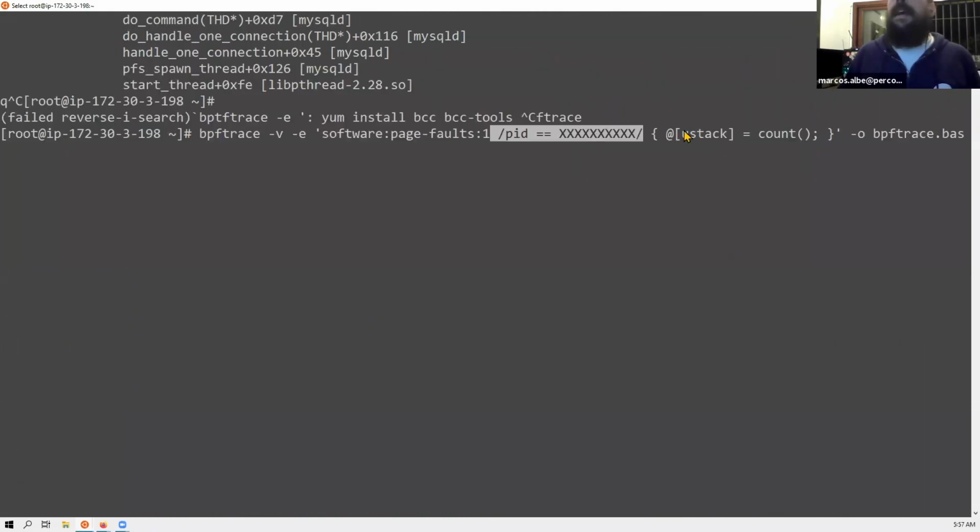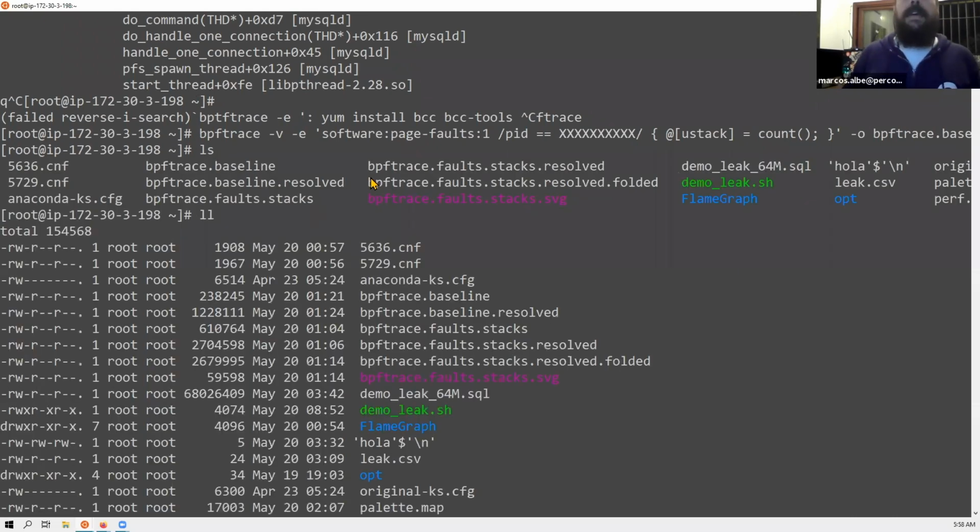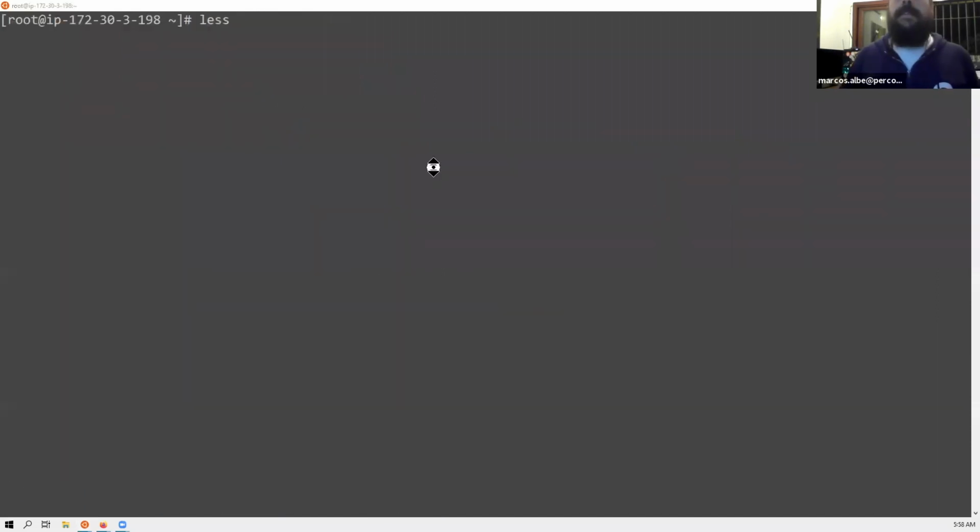And then what operations I want to do when we hit this probe for this filter. In this case, I want to get counts of the user land stack traces. And I want the output to go to this file. And this will give us a lot of traces. I'm not gonna run it now because I already have it here. I have these stacks.